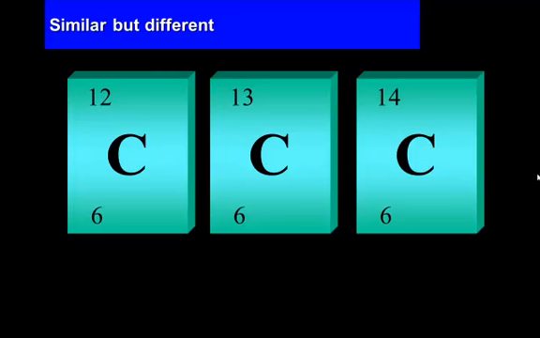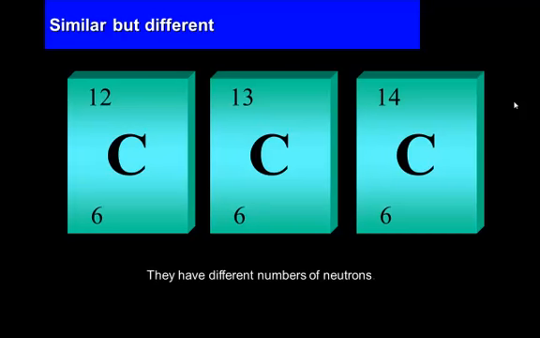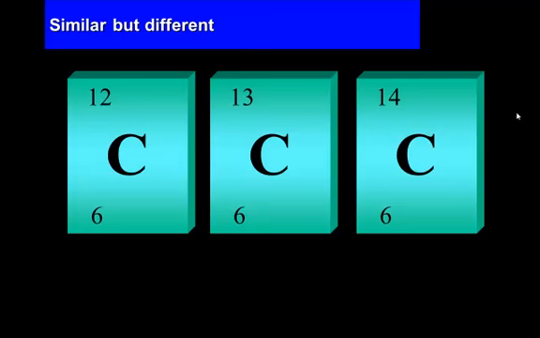And this is quite an important feature, because these elements are different because they have different numbers of neutrons. So the same number of protons, but a different number of neutrons. Now, an atom which has a different number of neutrons is known as an isotope. So each of these are isotopes of carbon.